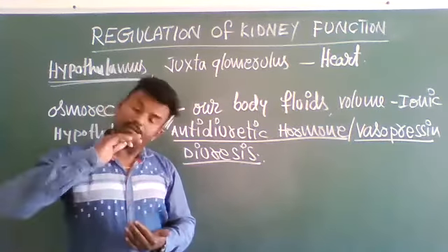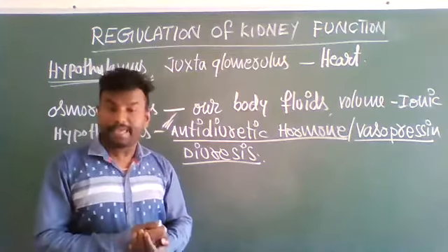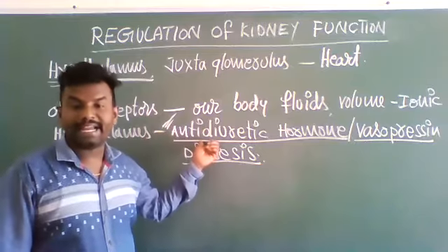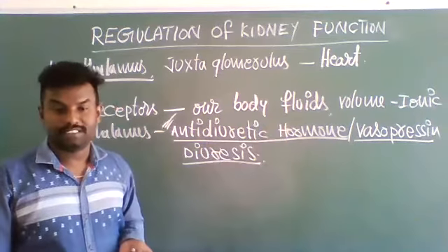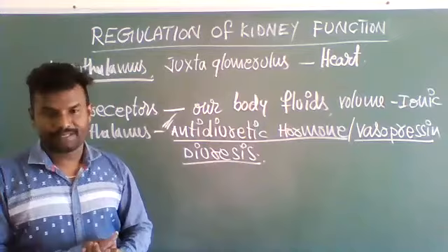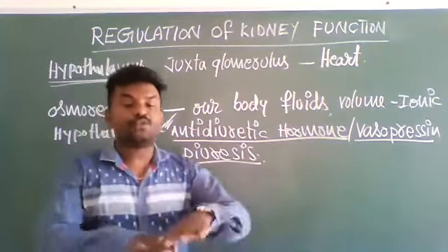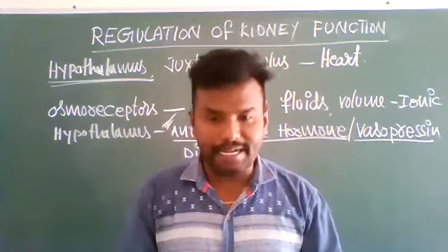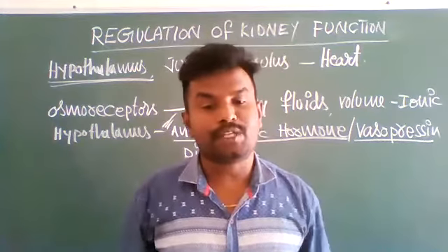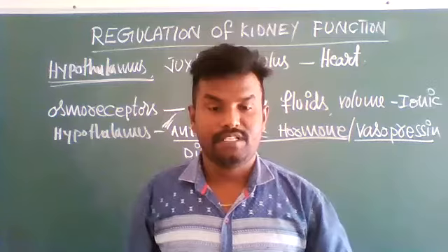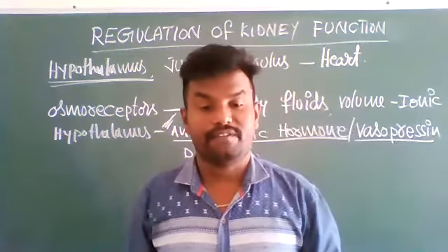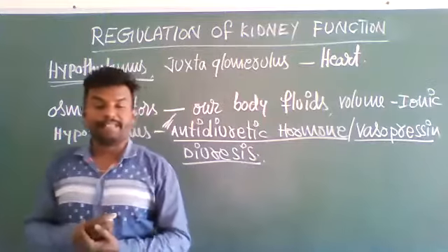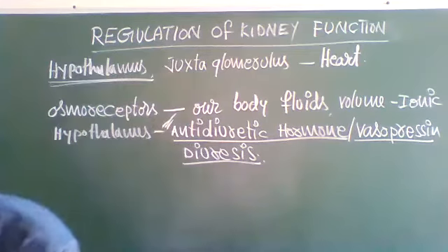In future, whenever required, the osmoreceptors can activate again and stimulate the hypothalamus to release antidiuretic hormone or vasopressin and prevent diuresis. That balance is maintained by the hypothalamus.